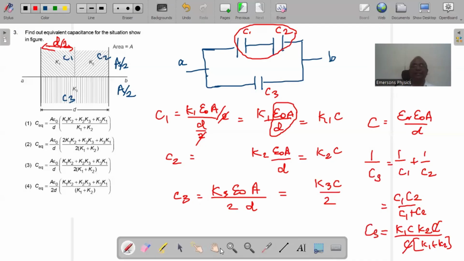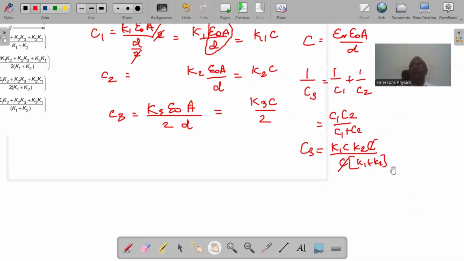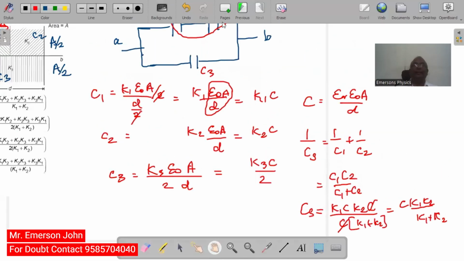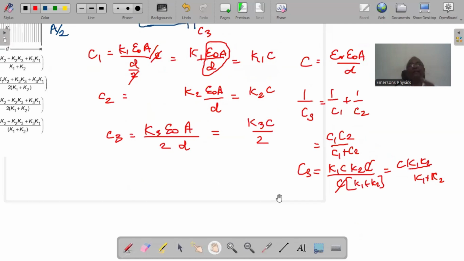CS, this combination, is K1 K2 divided by K1 plus K2, into C. Now, in the diagram, we saw these two are in series. C3 is parallel to it. CS is parallel to C3. The effective capacitance, which we need to find, will be CS plus C3.